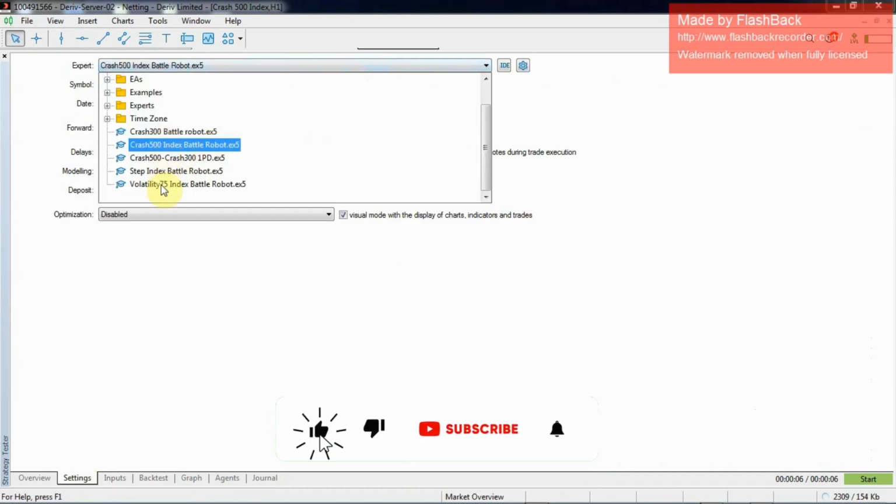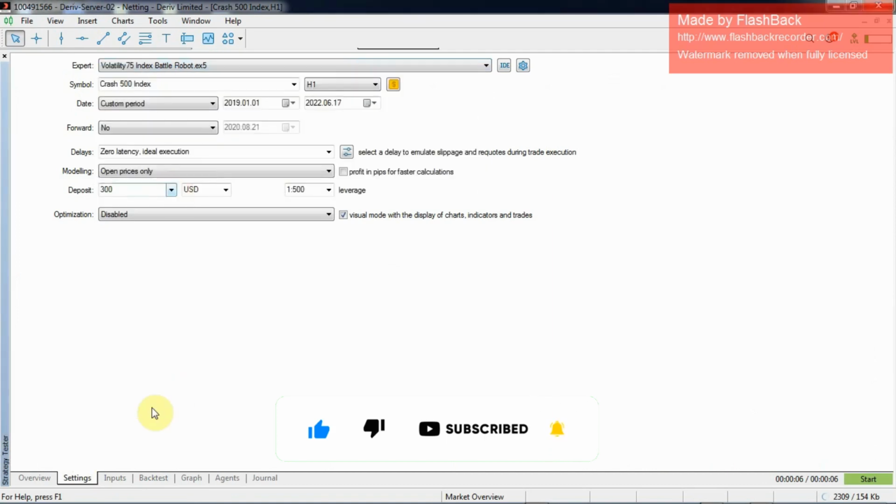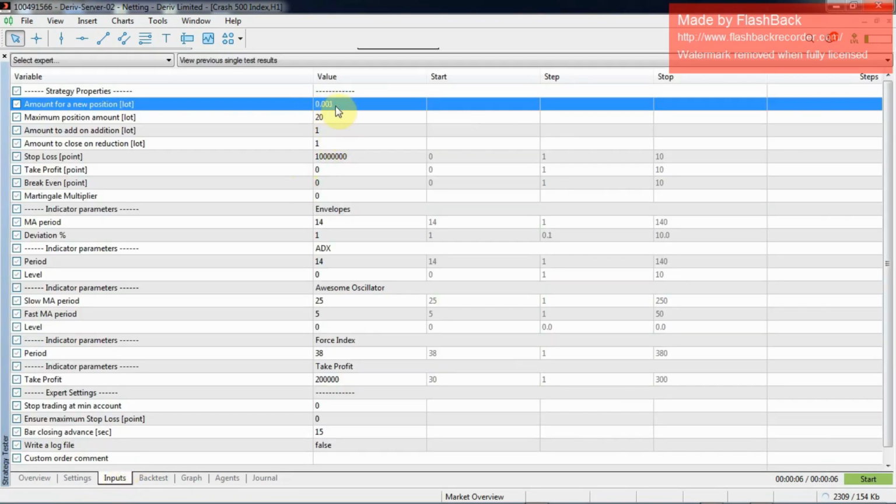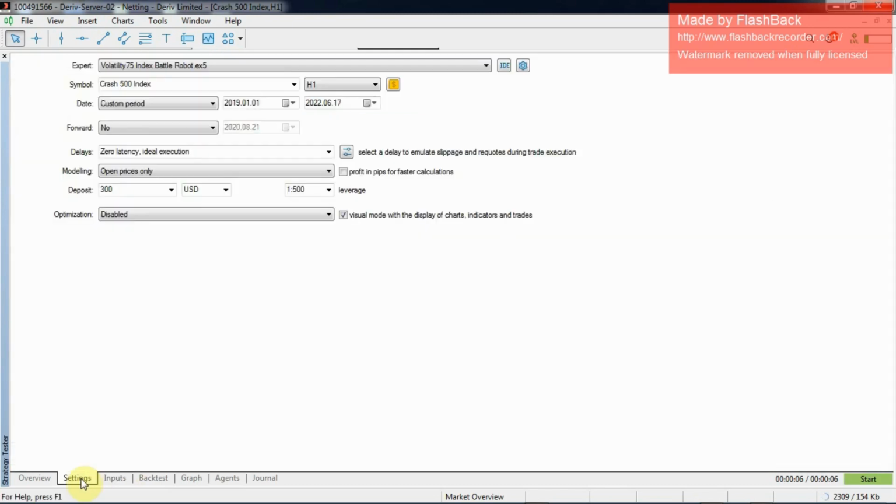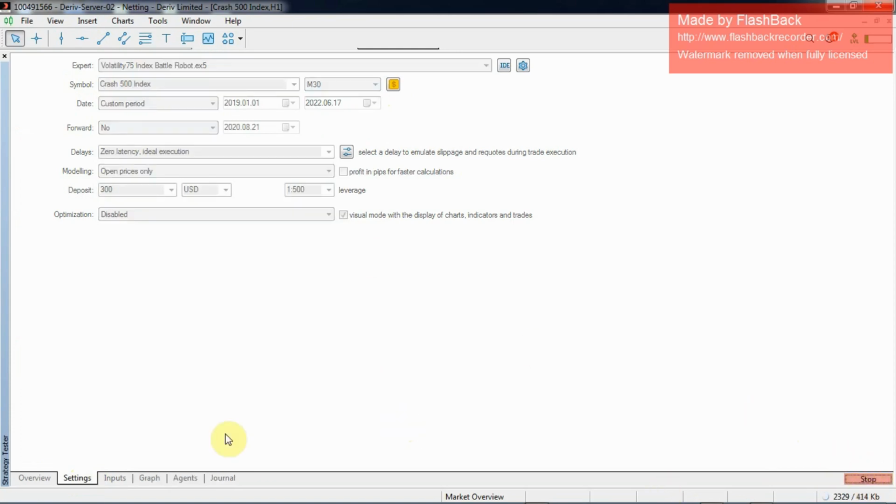So now let's go to the Volatility 75 index. This robot trades the M30, and we'll be using it on the smallest lot size. We want to see the risks and how much one can make when you are trading all the robots, and how much you are risking. Okay, let's start the back test.